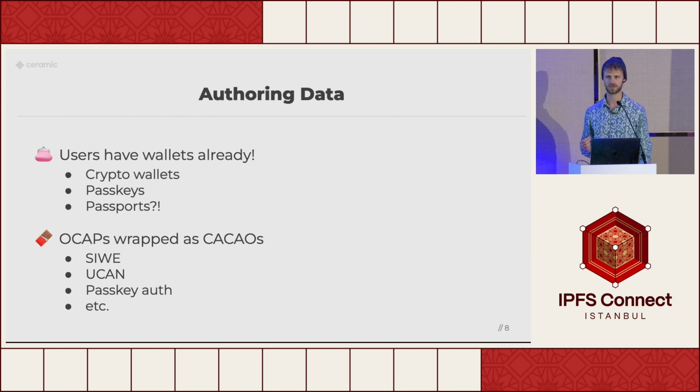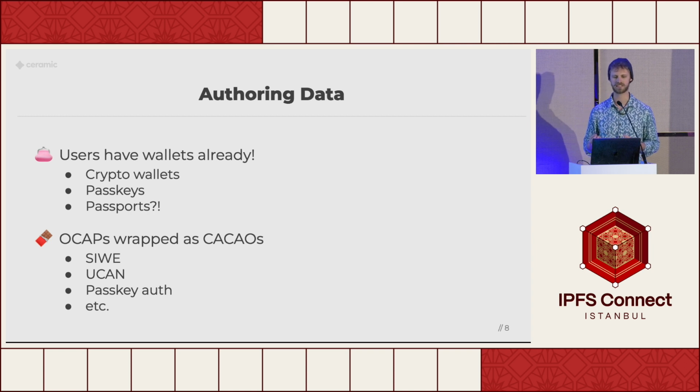I think a key thing to realize here is that users generally already have wallets that are cryptographically enabled. That could be a cryptocurrency wallet, where basically you probably have some extension or some mobile wallet that holds a key.